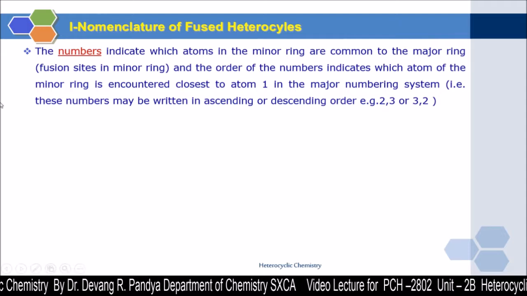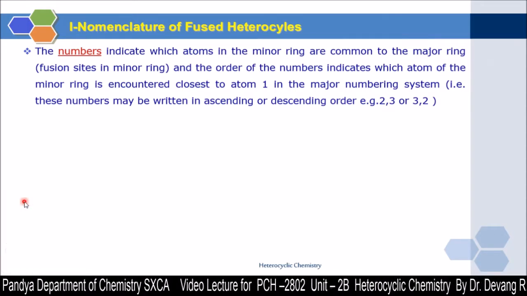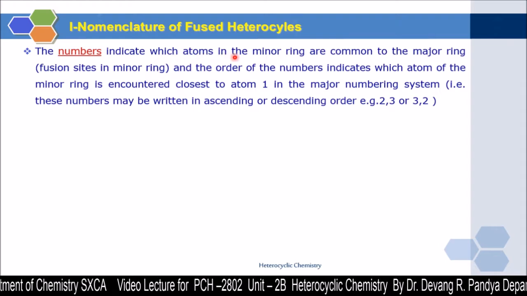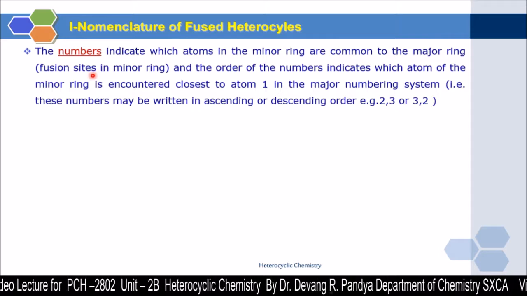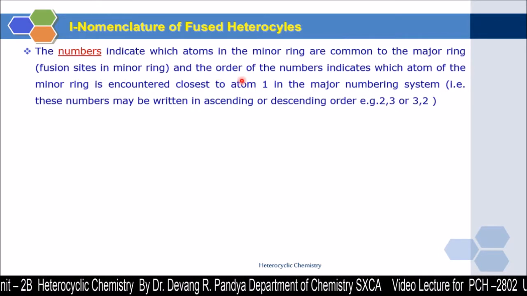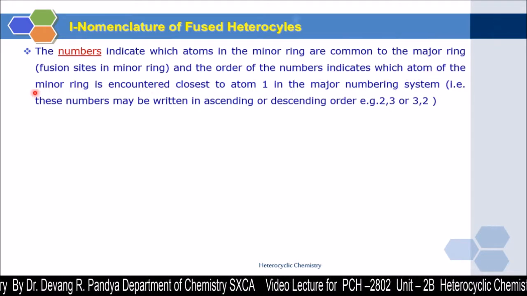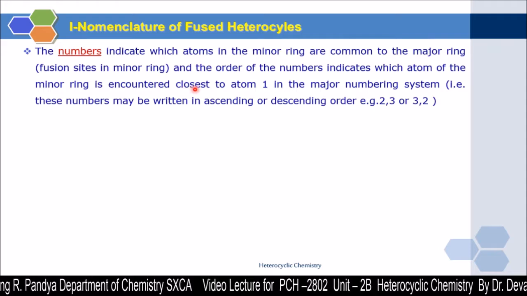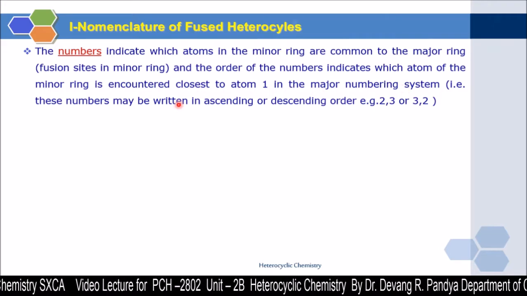Well, the numbers here indicate in the heterocyclic compound which atoms in the minor ring are common to the major ring, that is the fused site in the minor ring, and the order of the numbers indicates which atom of the minor ring is encountered closest to atom 1 in the major numbering system.